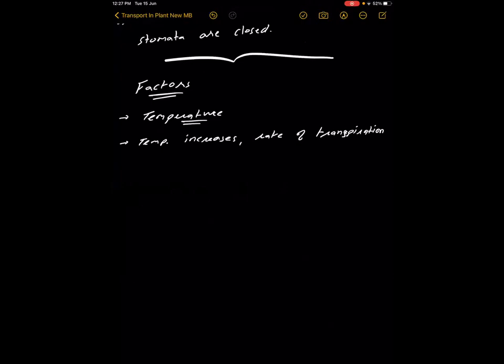If we increase the temperature, rate of transpiration also increases.